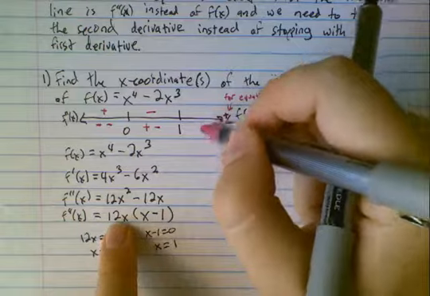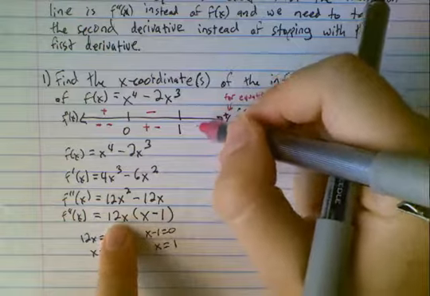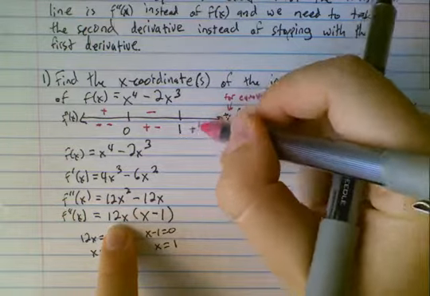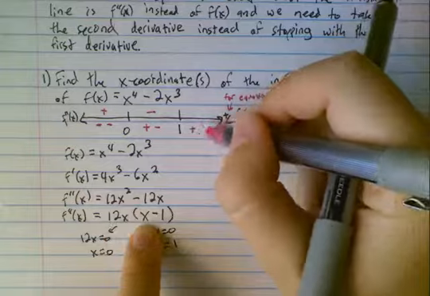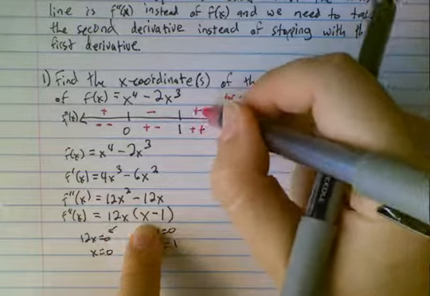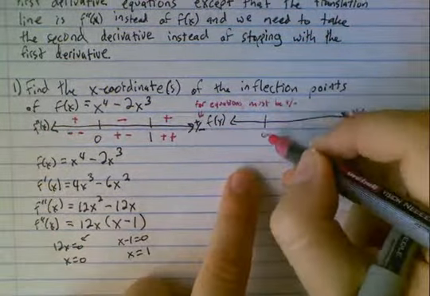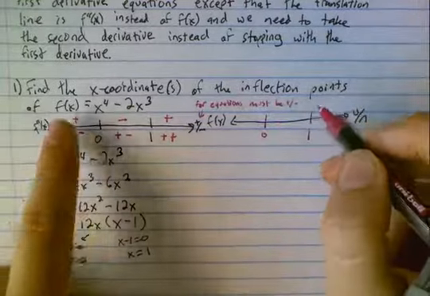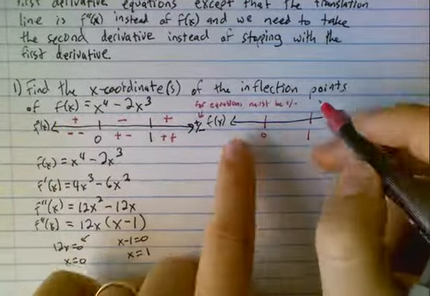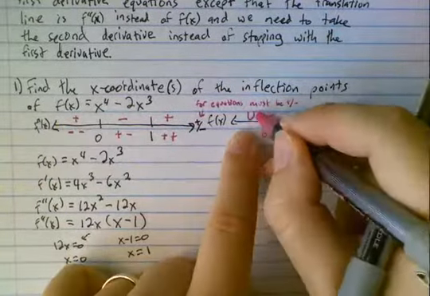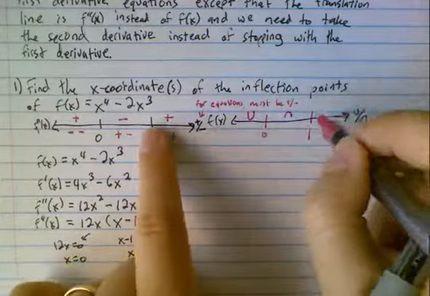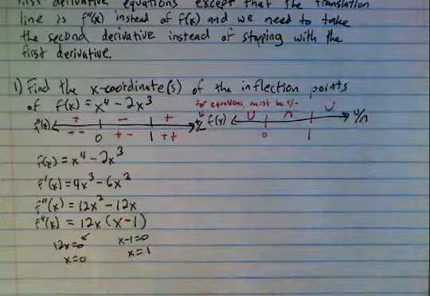A number greater than 1, 12 times 2 is positive, 2 minus 1 is also positive, so overall it's positive. That means we can translate over here. Positive in f double prime means concave up in f: concave up, concave down, concave up.